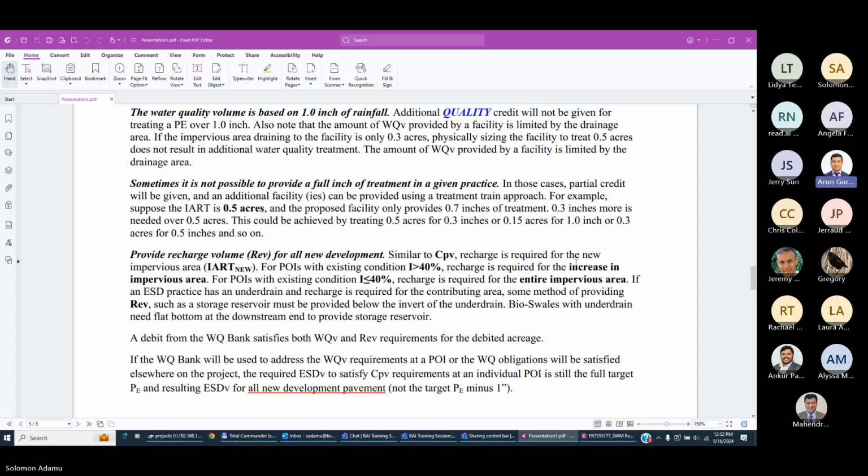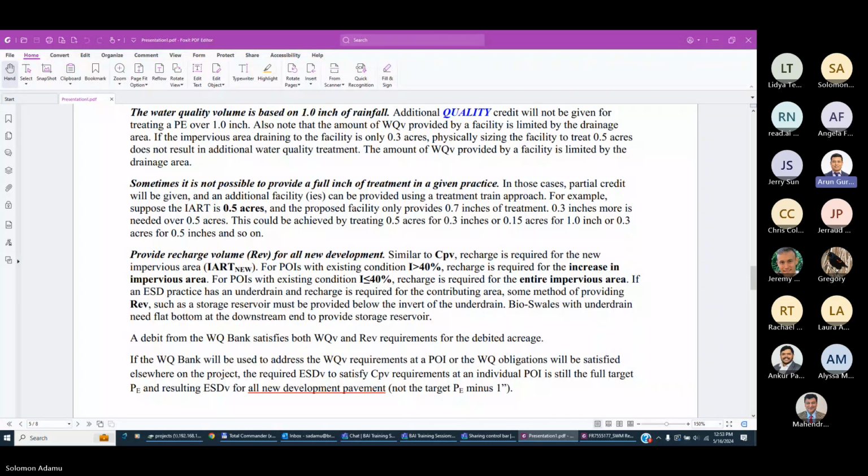But as soon as you start putting in impervious area, that infiltration rate is affected. So the same amount of water will not reach the groundwater after you develop a parking lot. Obviously, the recharge factor will go down and there will be less infiltration.